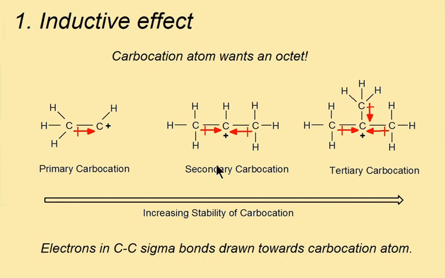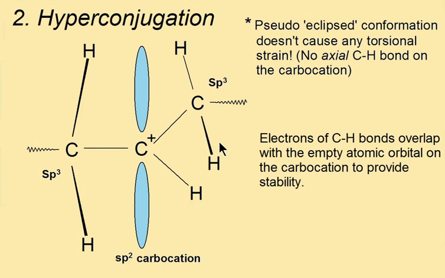That's the most important factor, but there's also a contributing effect from hyperconjugation. Again, looking at that carbocation atom, of course it's sp2 hybridized, trigonal planar, with an empty atomic orbital above and below the plane, and the bonding electrons in those nearby carbon to hydrogen bonds, those electrons in the orbital overlap slightly with the empty atomic orbital of the carbocation atom.